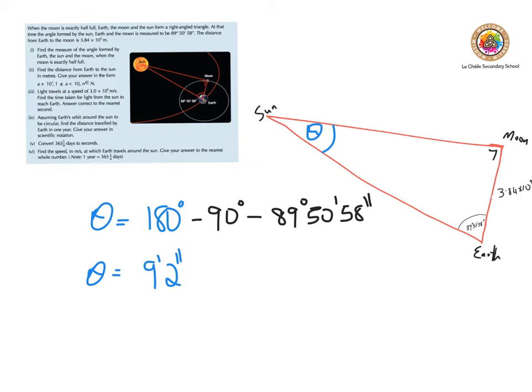Okay, so that's theta. The reason I'm answering in this form, in minutes and seconds, is because that's what it's been given to us in the question. Okay, so that's part one done. So let's put a red box around it to show that there's our answer. And we can now move on to do part two.